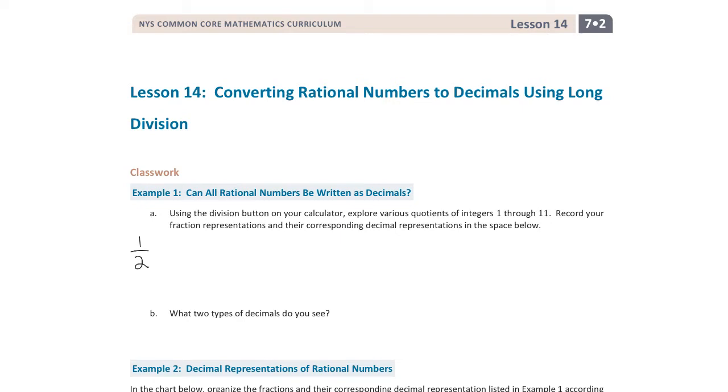Go ahead and type into your calculator 1 divided by 2. Great. The answer you should have got was 0.5. Now let's do the next one, 1/3. Type in 1 divided by 3 on your calculator.